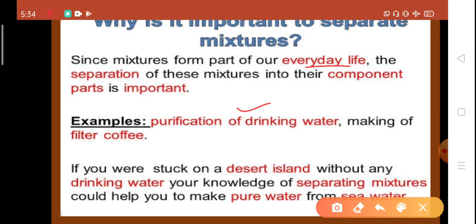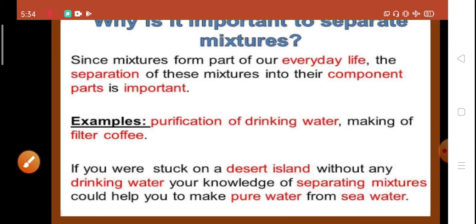We cannot drink water full of impurities. Making of filter coffee. Now imagine the situation if you were stuck on a desert island without any drinking water. Your knowledge of separating mixtures could help you to make pure water from seawater, isn't it?